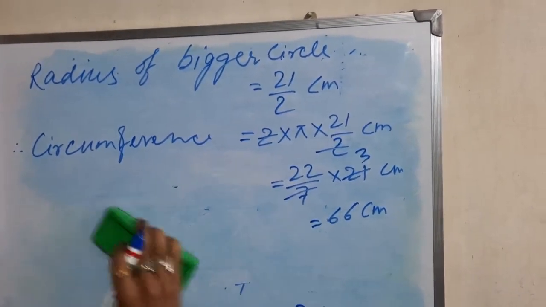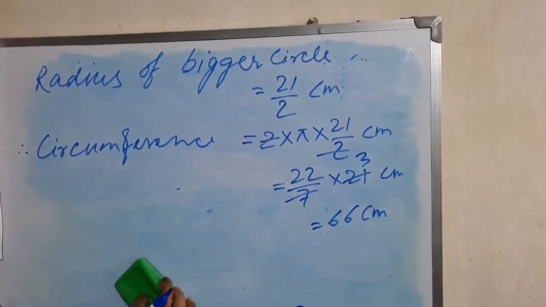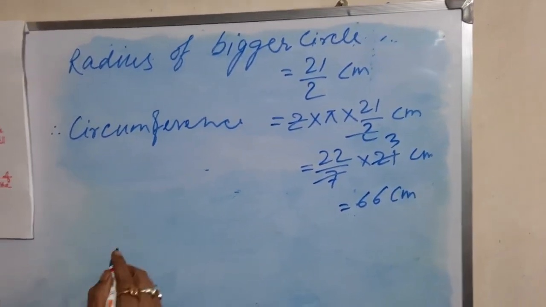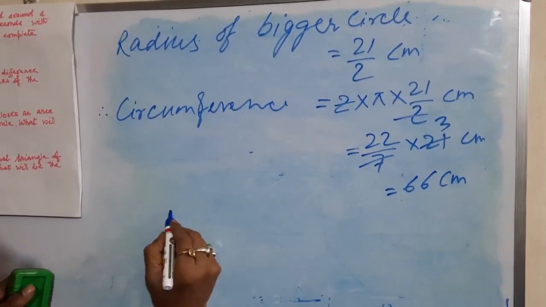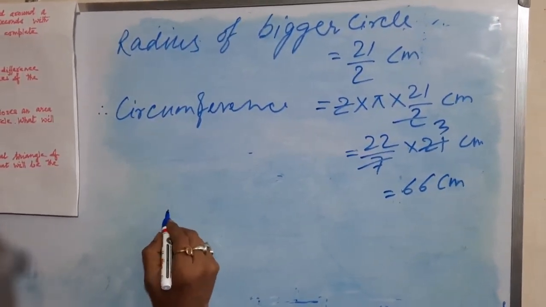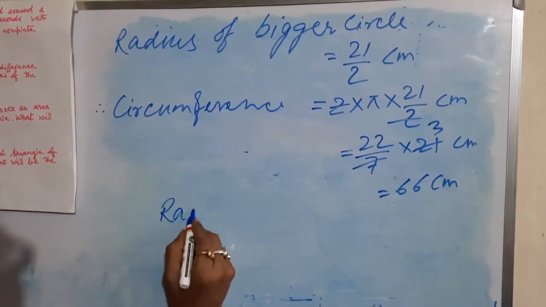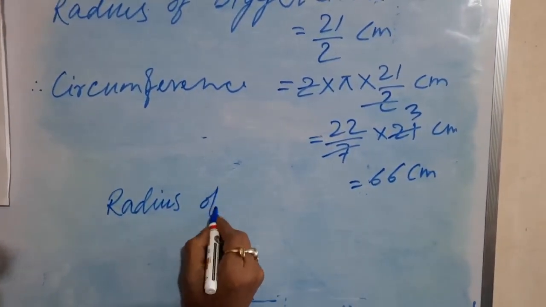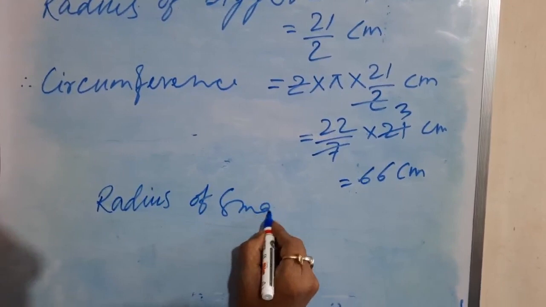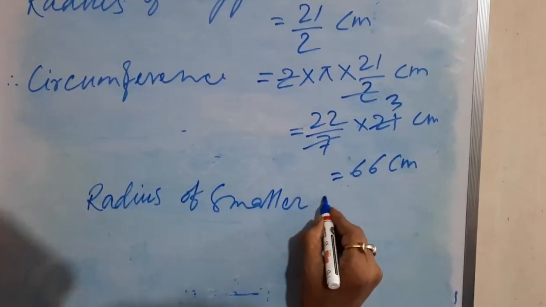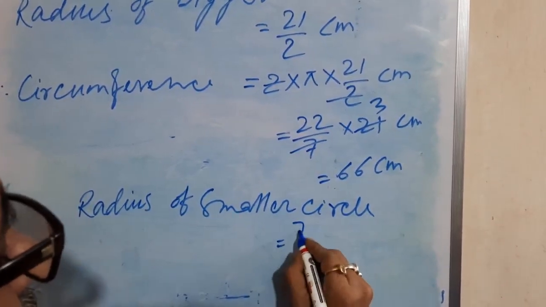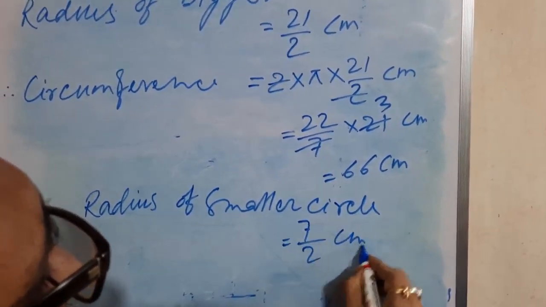And the circumference of the smaller circle: radius of the smaller circle is equal to 7 by 2 centimeters.